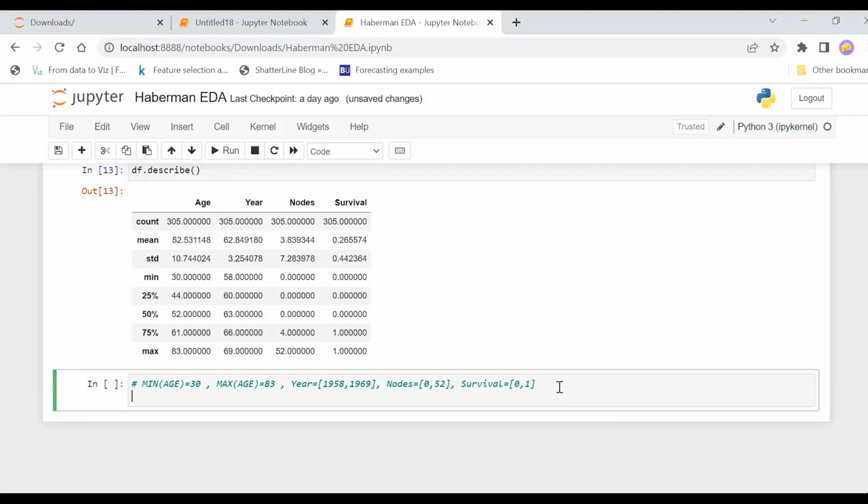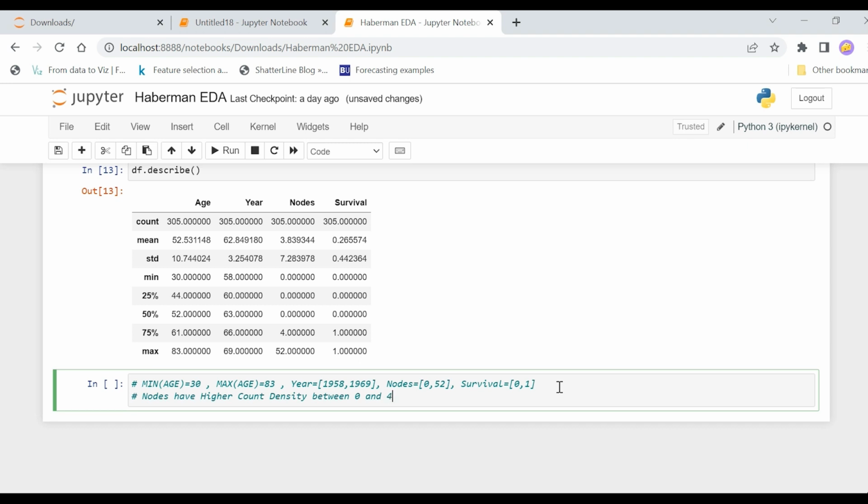So intuitively you can say that nodes have higher count density between, I can say, 0 and 4.